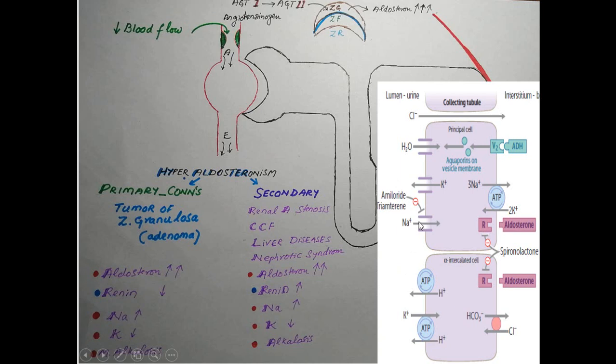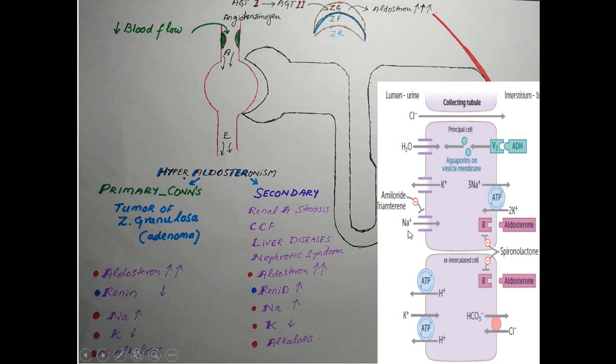Now, these ENaC channels are also formed under the effect of aldosterone. So aldosterone stimulates this pump, and aldosterone causes more and more formation of the ENaC channels. Through this ENaC channel, the sodium moves from the lumen into the principal cells, and through the pump this sodium will move into the interstitium.